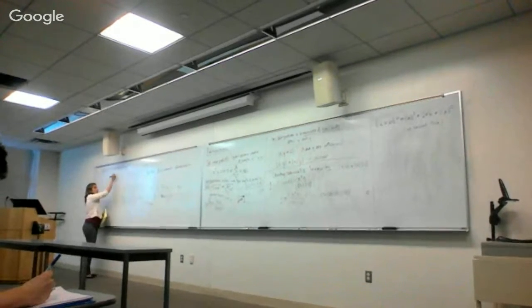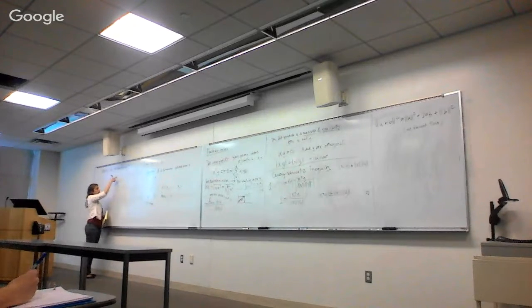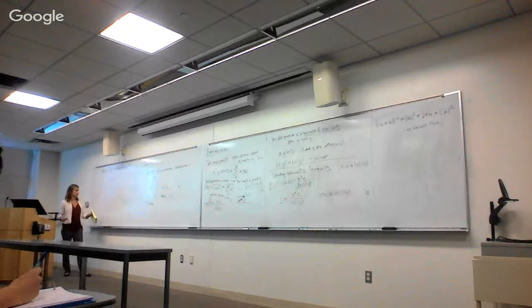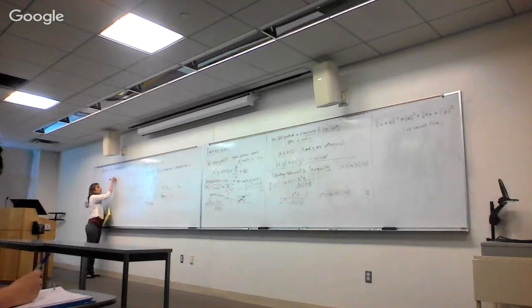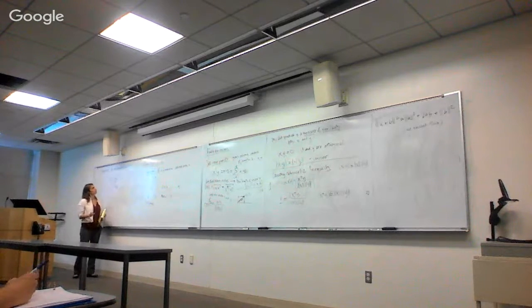So we're going to have a bunch of entries, and in the first row, things get indexed with a 1 in the first subscript, and in the first column, they get indexed by a 1 in the second subscript. Everything in the first column has a 1 in the second subscript. Everything in the first row has a 1 in the first subscript, but then you have to have a column subscript.